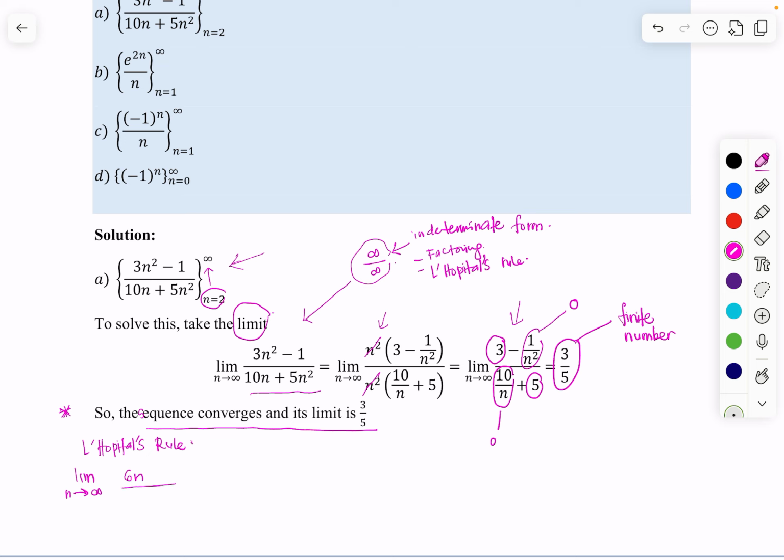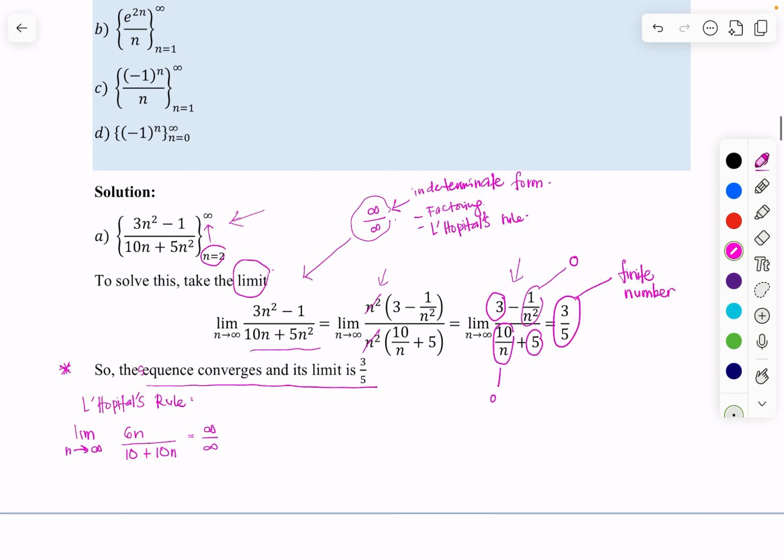And then for the denominator, you get 10 plus 10n. If you directly plug in infinity here again, you get infinity over infinity, an indeterminate form, so we can apply L'Hopital's rule a second time.